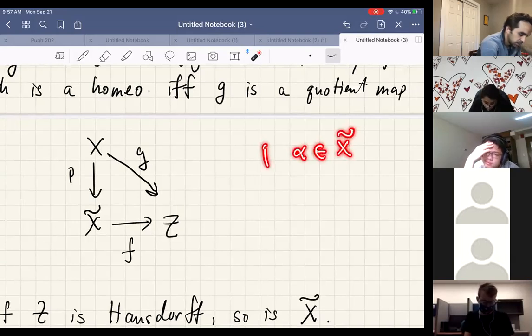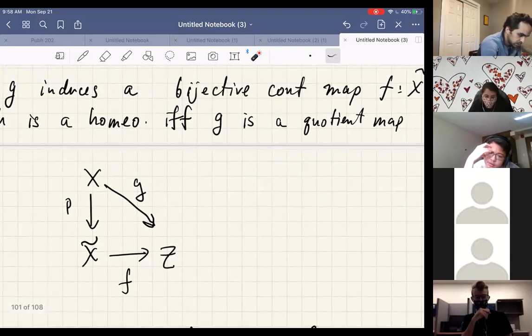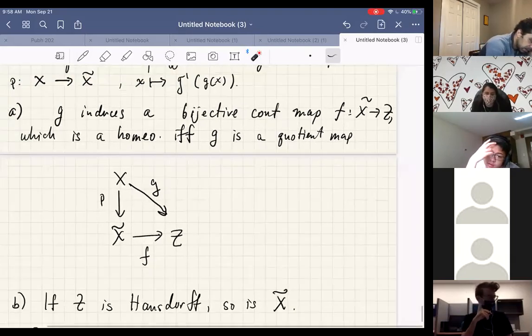What is P inverse image of alpha in X? What is that? Look at what P is.